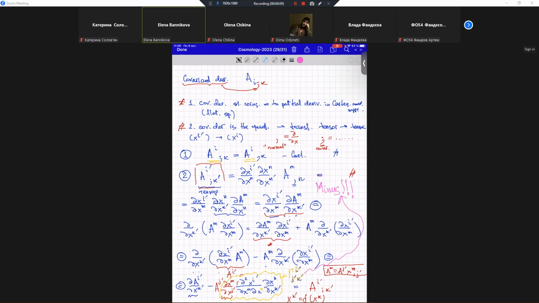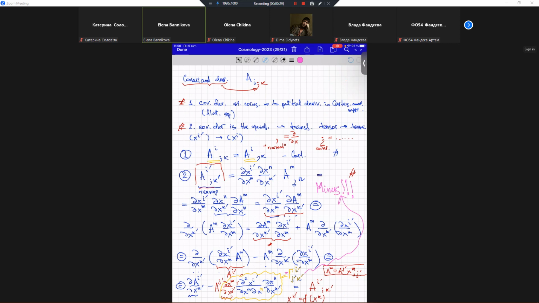Okay, so what we did, we considered the covariant derivative for an orbital reference system. By the way, you need to see it, it should be minus.